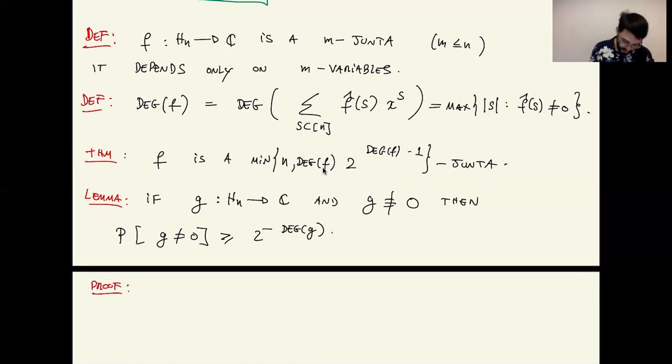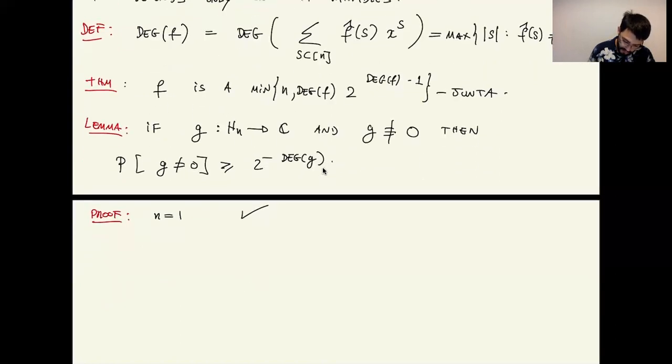So let me do it by induction. If n equals 1, checked, trivial. If from n to n plus 1, what you do is you take the last variable, and you define these two functions.